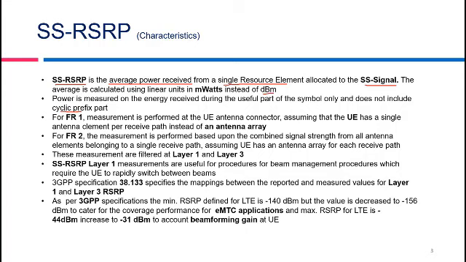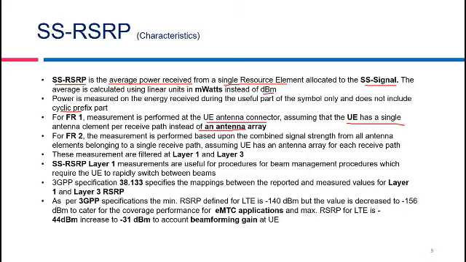For FR1, which is low frequencies, the measurement is performed at the UE connector, and this is done by assuming that the UE has a single antenna per receive path instead of an antenna array.